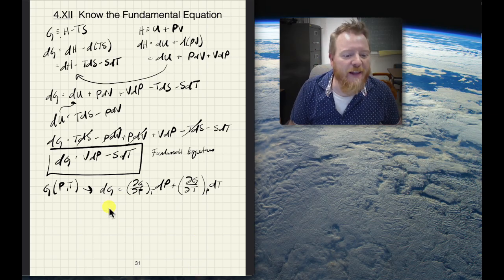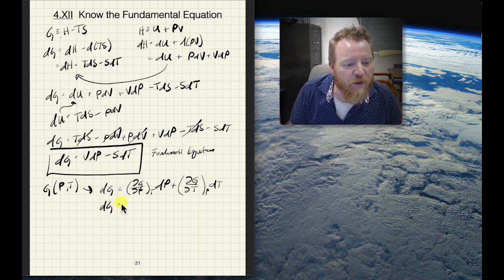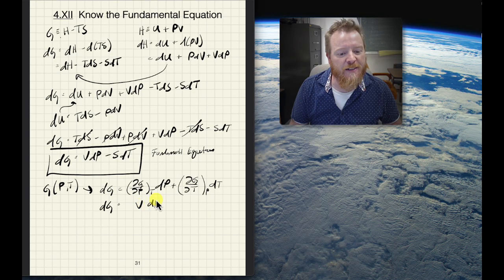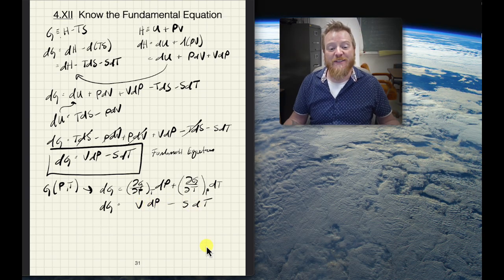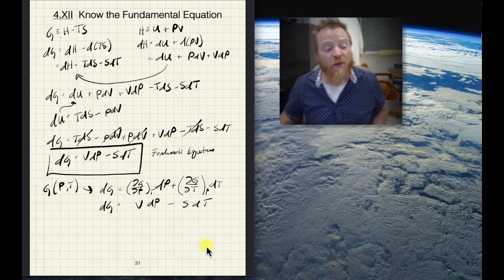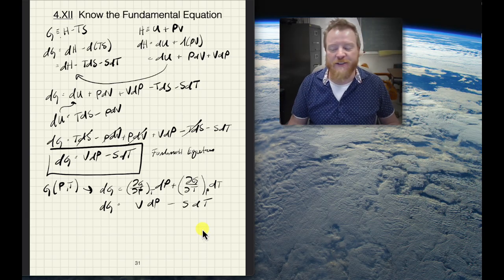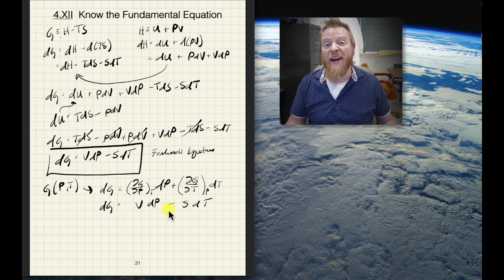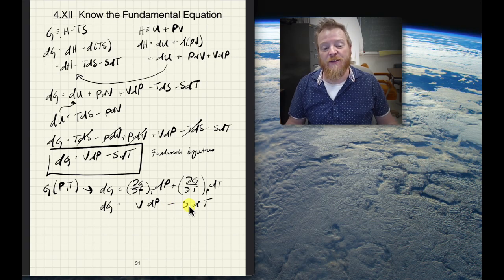And once again, playing that same game, we'll put the fundamental equation under there, V dP minus S dT. And you can see now we arrive at other thermodynamic definitions of volume and another way that we can think of a thermodynamic definition for entropy.